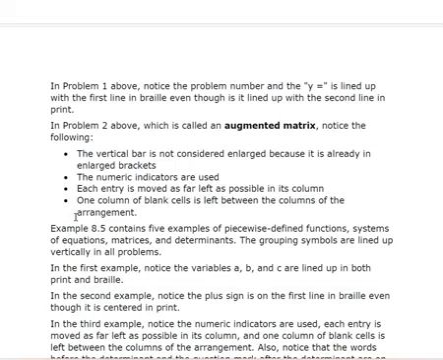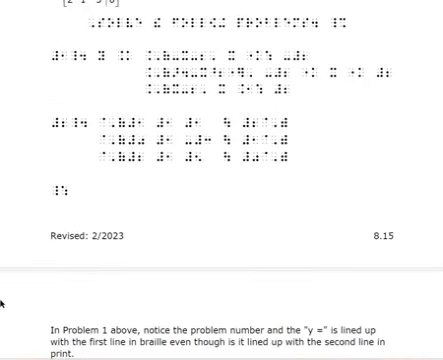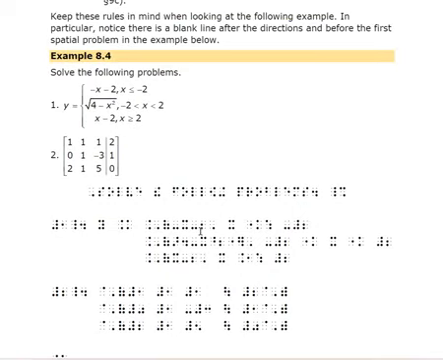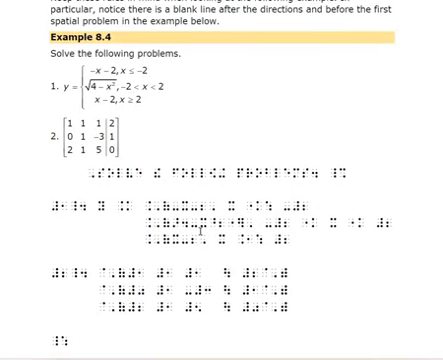Alright, so it says, notice that the problem number in the y equals is lined up with the line above and below. Okay? So in the first problem, we got y, x, our equal sign. But we have all of the brackets lined up.